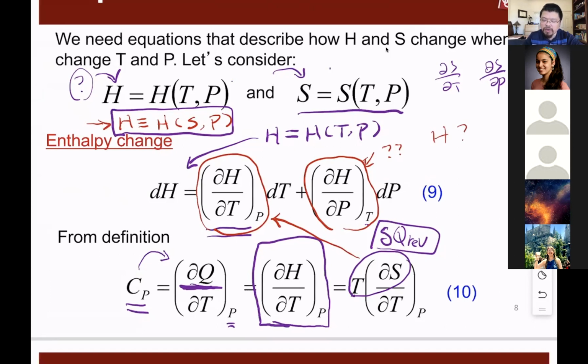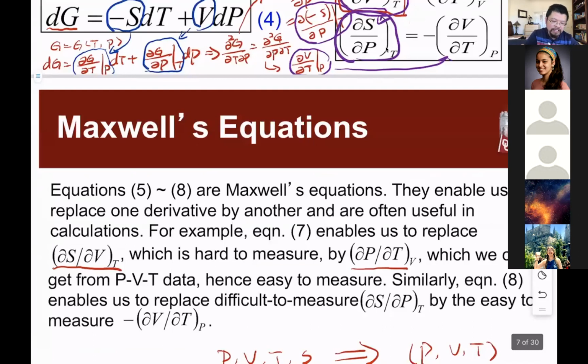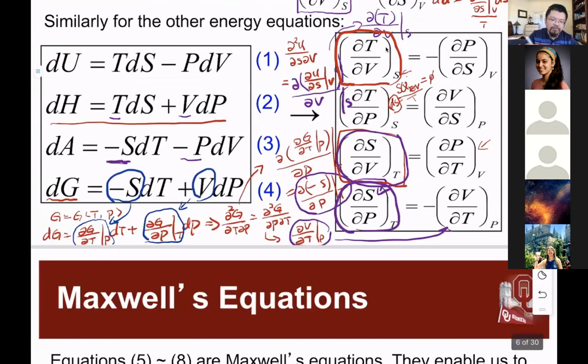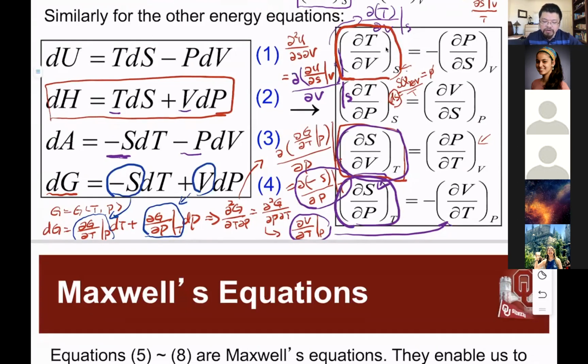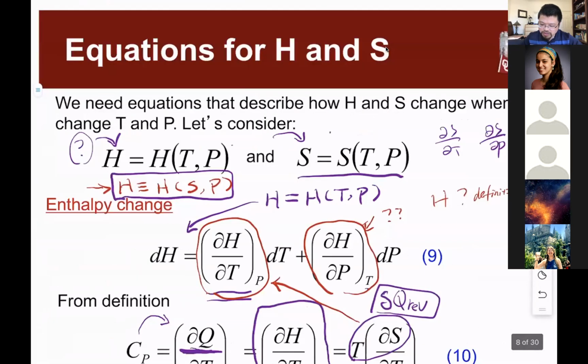And the other is we'd better go back to its own definition. Or in a way, we need to go back and look at this full derivative coming out of the definition of enthalpy. So we know dH is TdS plus VdP.